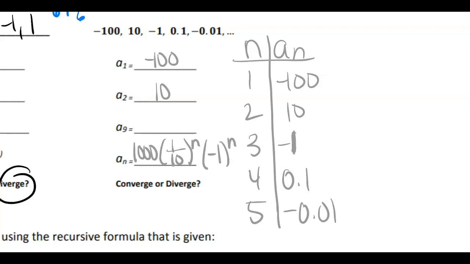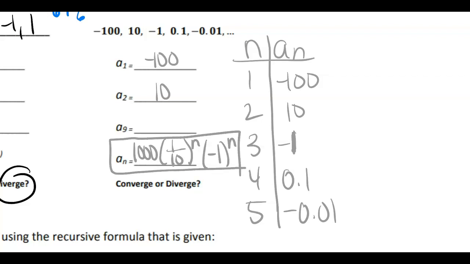Every single time you plug in one of those n's, you're going to get either a positive or a negative 1. So for instance, negative 1 to the first power is going to give me a negative answer. Negative 1 to the second power is going to give me a positive answer because negative 1 squared is negative 1 times negative 1, which is positive. And we can keep doing that for all of these questions. So this is my general form. This is my explicit rule.